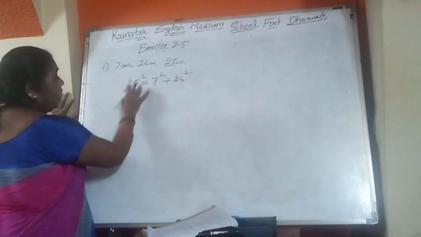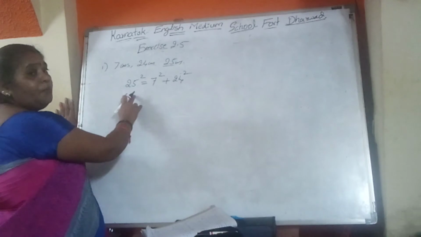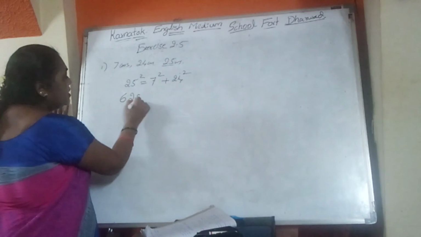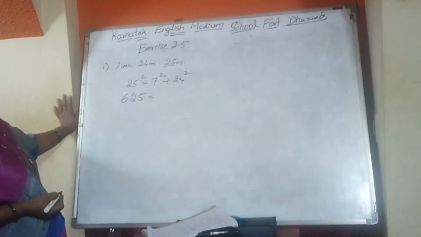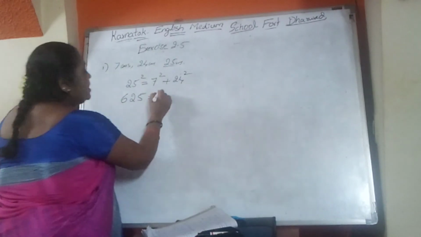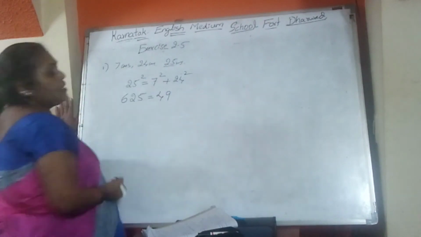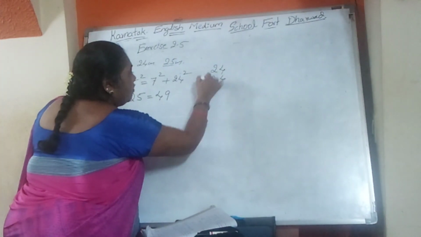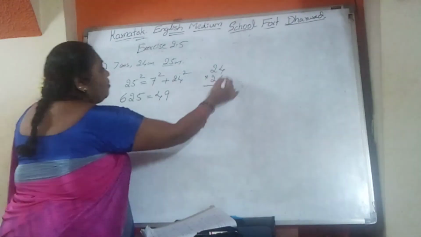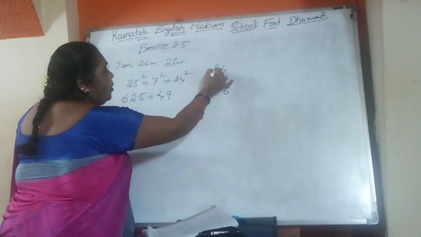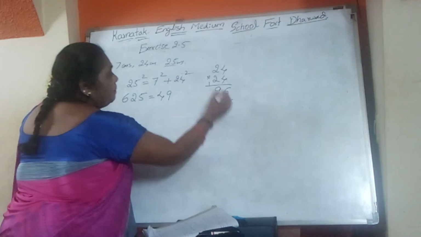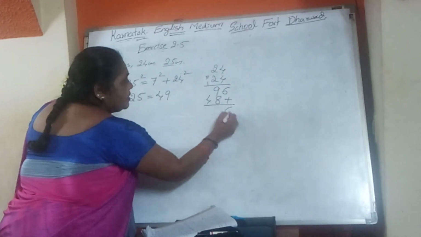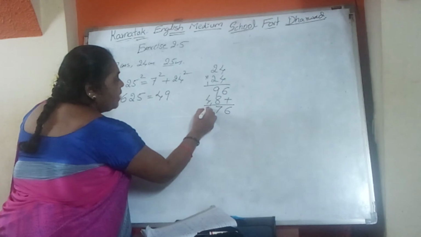25 twos are 50. Can you write 50 here? No. 25 square means 25 into 25, that is 625. 7 sevens are 49. 24 square: 4 fours are 16, 4 twos are 8 plus 1, 9, plus 2 fours are 8, 2 twos are 4, 6, 7, 4 plus 1, 5.